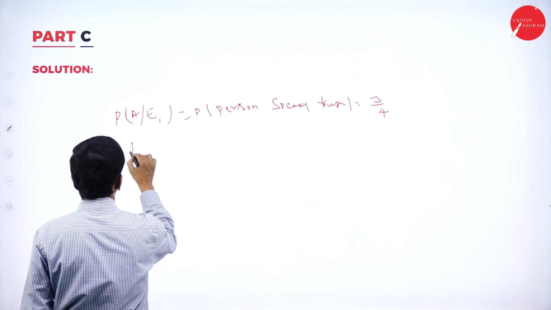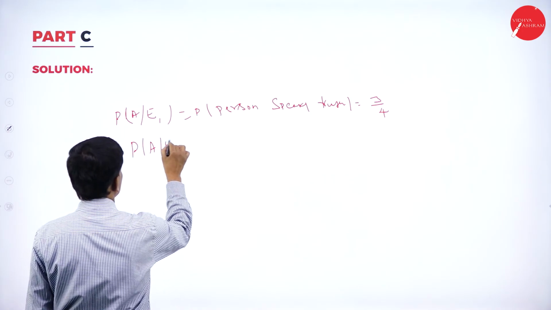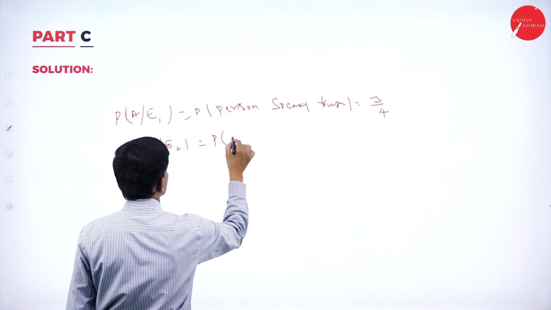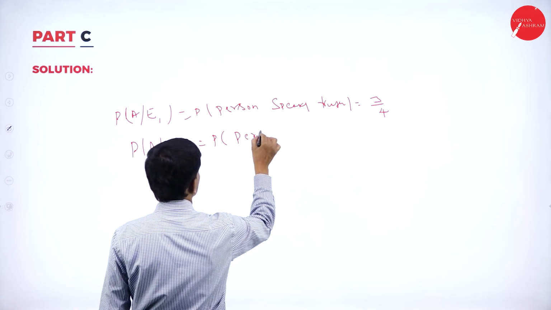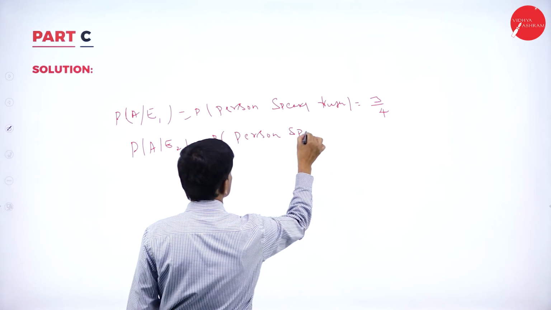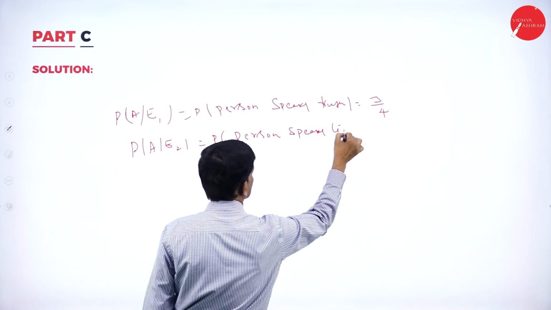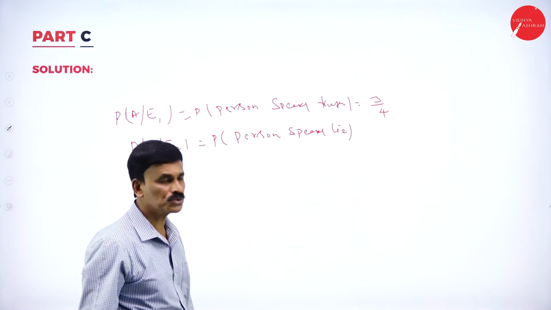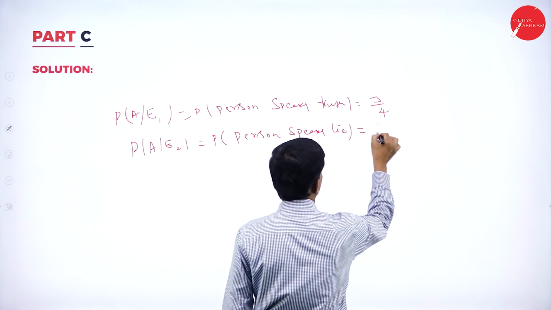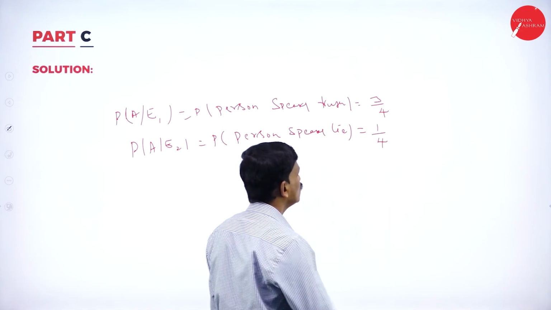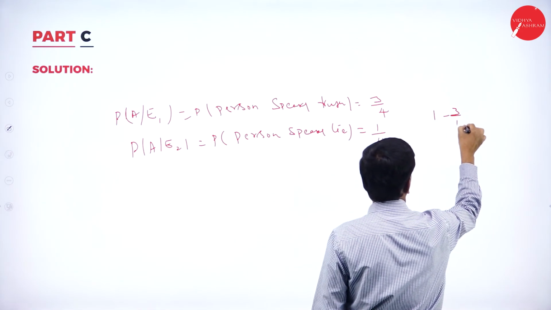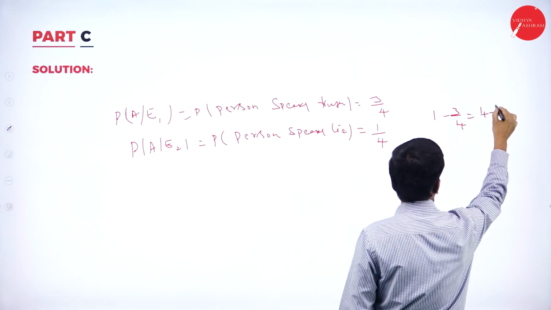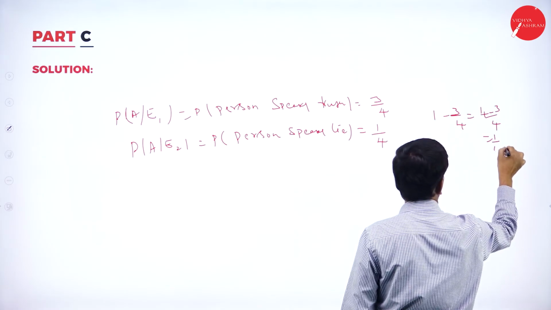Let us define the probability of A given E2. That means the probability that the person speaks a lie. He will not say the truth. So that is nothing but 1 divided by 4, because 1 minus 3 by 4, that is 4 minus 3 by 4, is 1 by 4.